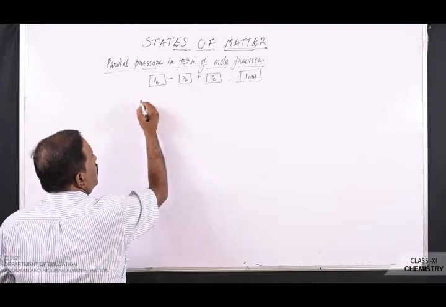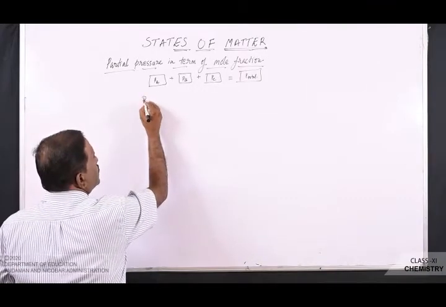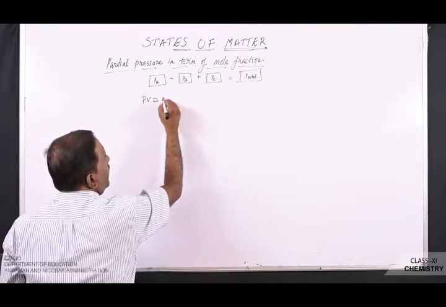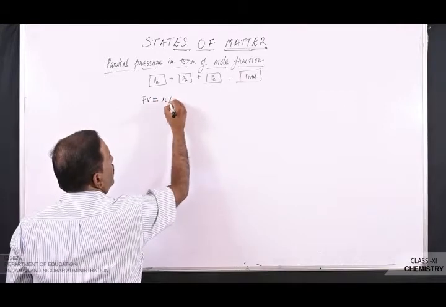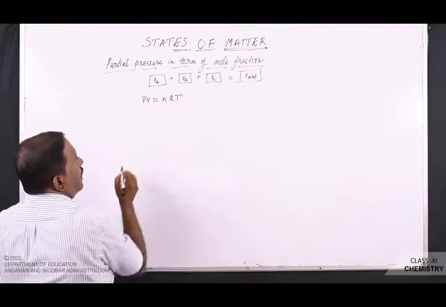According to the ideal gas equation, PV is equal to nRT.